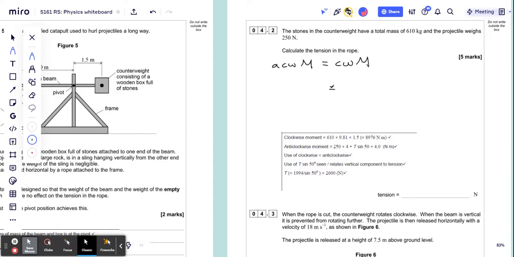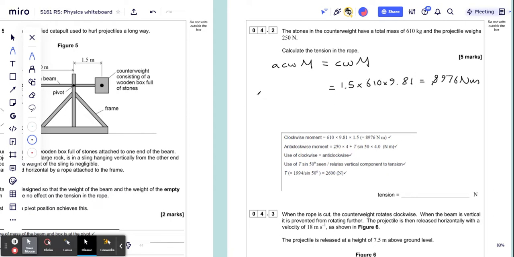The clockwise moment is going to be 1.5, that's the distance, multiplied by the stones in the counterweight, a total mass of 610, multiplied by the strength of gravity, 9.81. So 610 times 9.81 times 1.5 is equal to 8,976 Newton meters. And that must also be what the anti-clockwise moments equal.